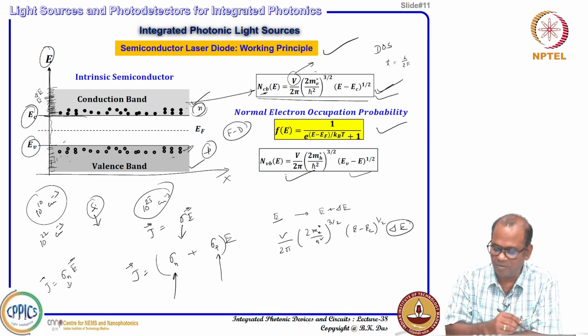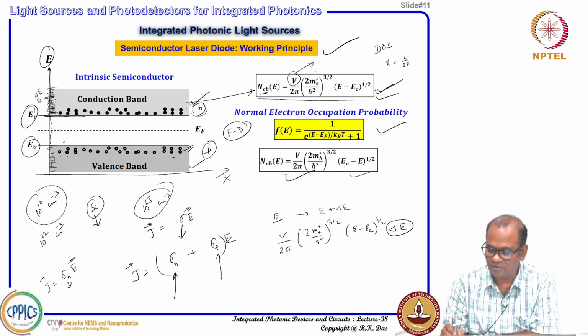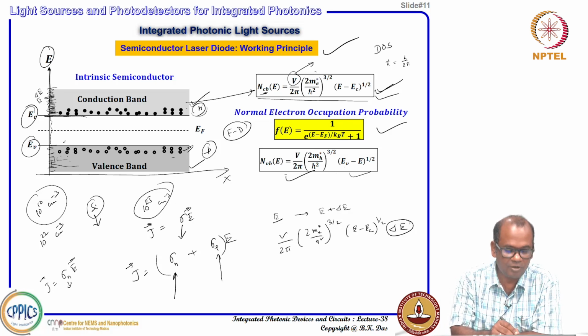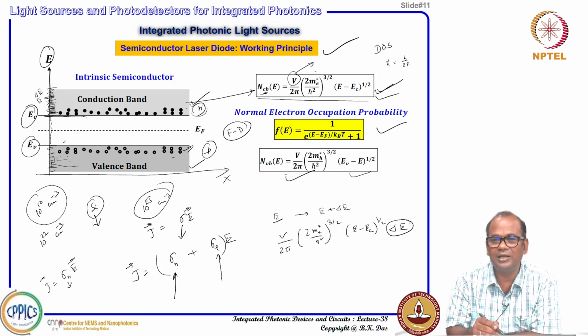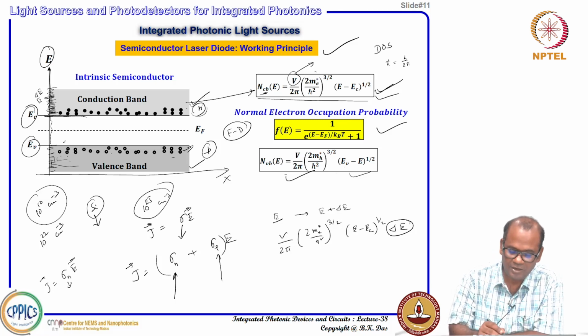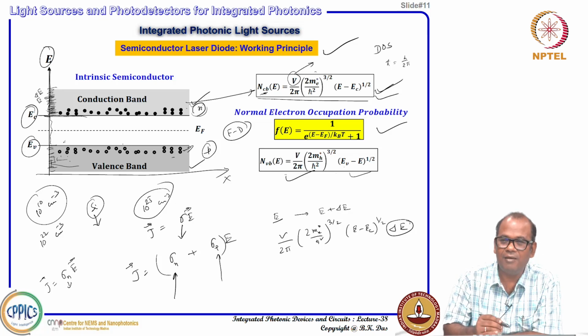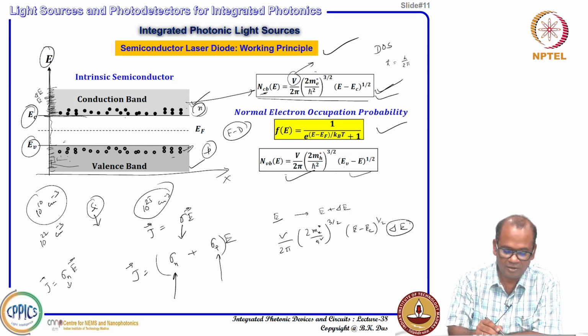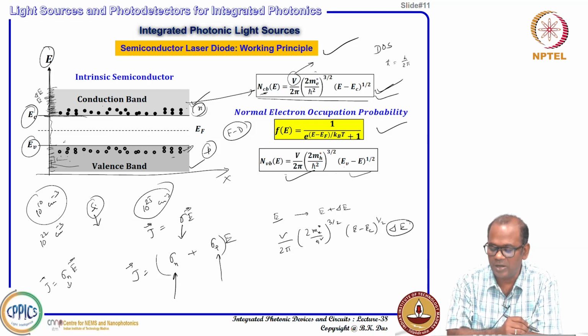That occupation probability depends on temperature, because normally we know at low temperature the entire valence band is completely occupied. Now, if I raise the temperature, the electrons can go to the conduction band, and any energy levels available they will try to occupy.